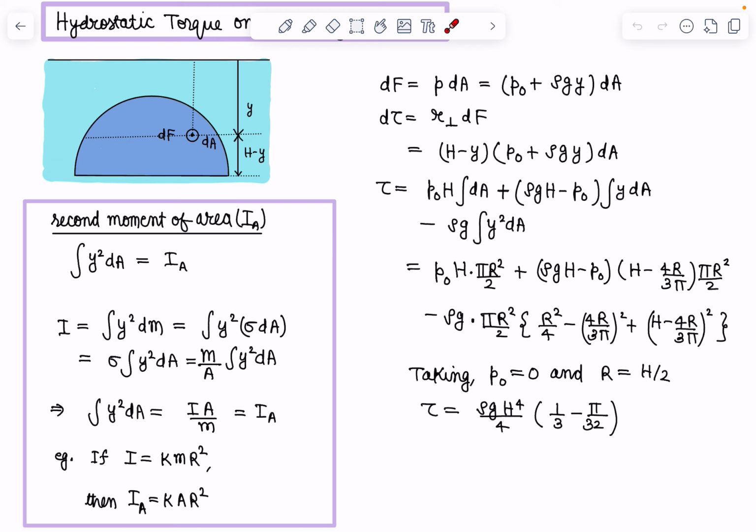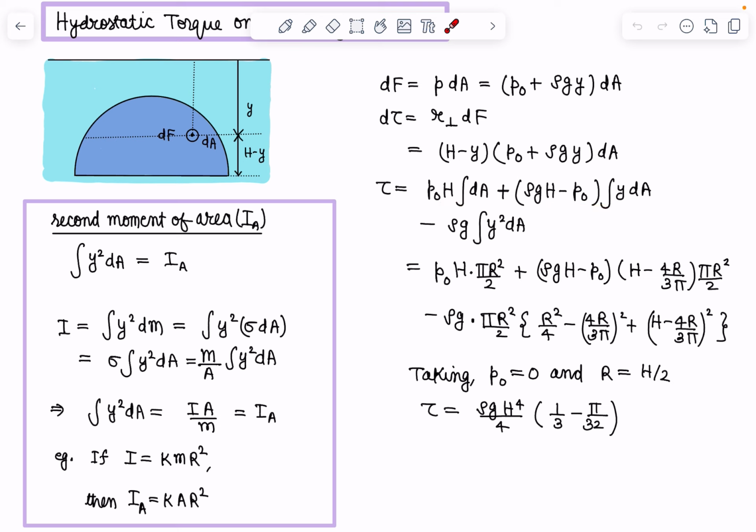So in order to find the magnitude, all I need to do is integrate this term over the whole area. When we do this integration and separate a few terms, we get P naught into h integral of dA plus rho g h minus P naught integral of y dA minus rho g integral of y squared dA. The first two terms, how to calculate, we have already seen.